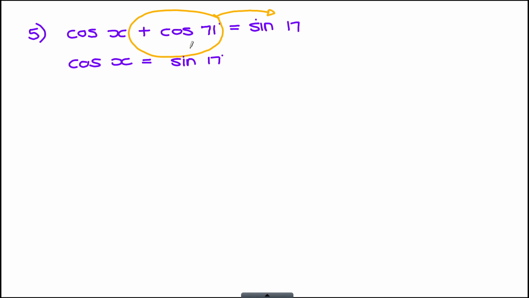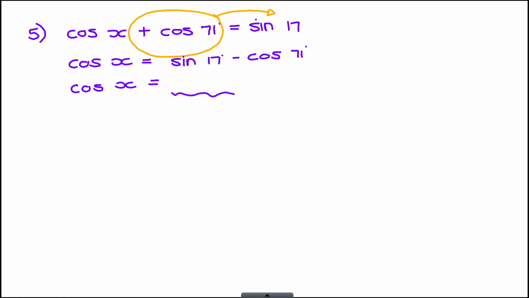En wat raak daai cos 71 as ek hom oorvat? It becomes minus cos 71. So now we can actually put that right hand side into my calculator and get a value over there. And then it looks like what we previously had. Verstaan julle? Okay. So soms is daar nog so extra stappie tussenin. Dis waar ek gaan stop met hom. Die res gaan jy mos nou self doen.